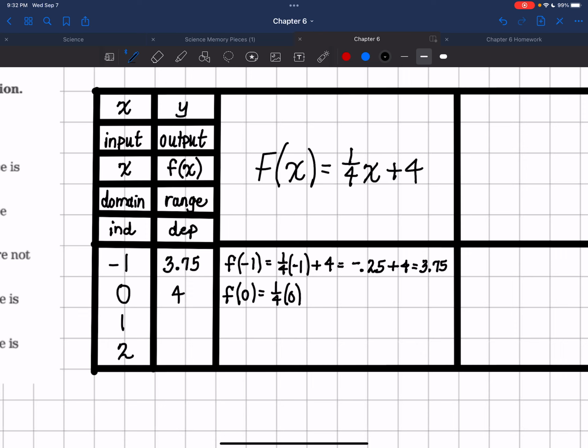So when x is 0, y will be 0 plus 4, which is 0. Excuse me. I told you I can't add and subtract in my head. It's 4. Then when x is positive 1, we're going to get 1/4 of positive 1 plus 4, that's 0.25 plus 4 is 4.25.